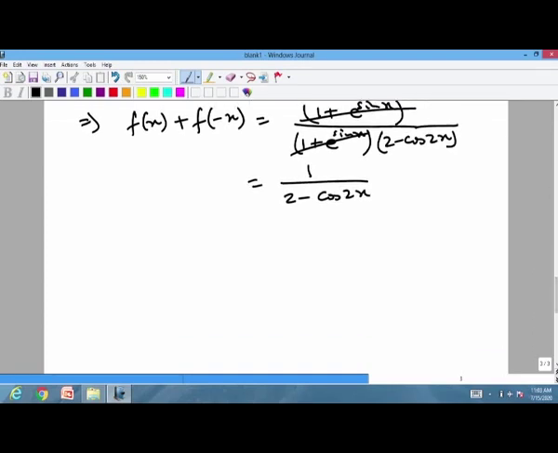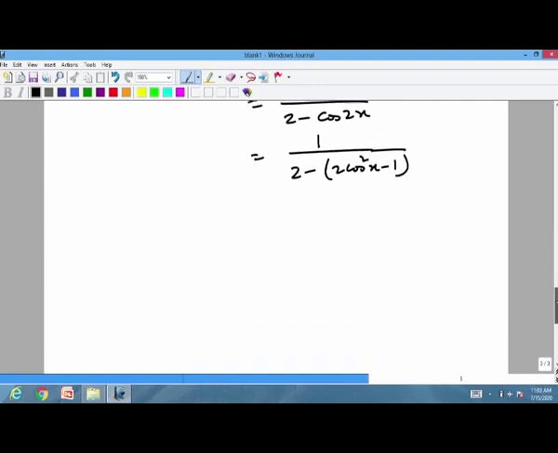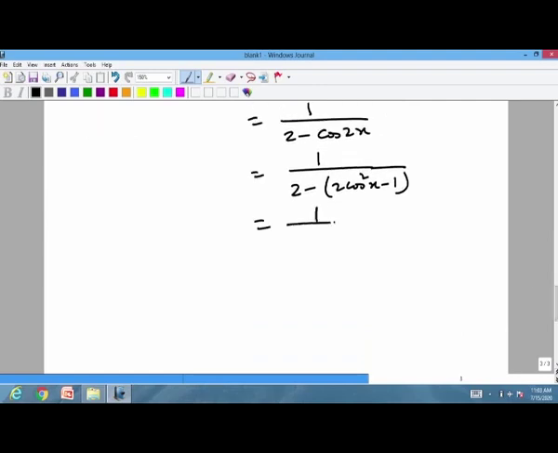Now, I will use the formula for cos 2x is equal to 2 cos square x minus 1. So, this is equal to 1 over 3 minus 2 cos square x.